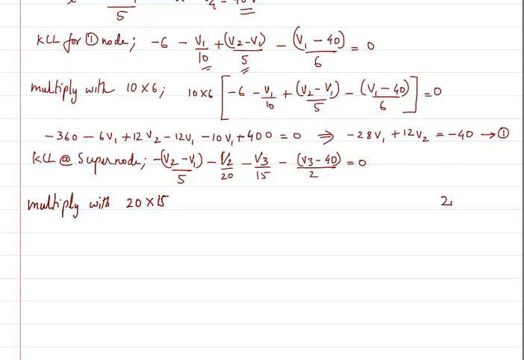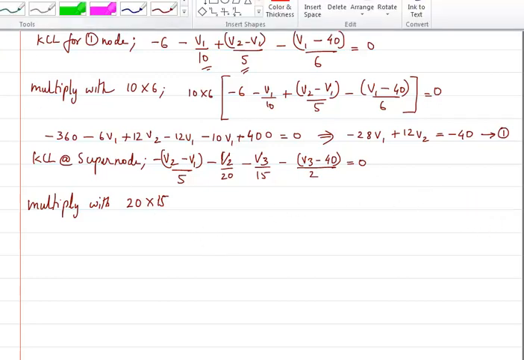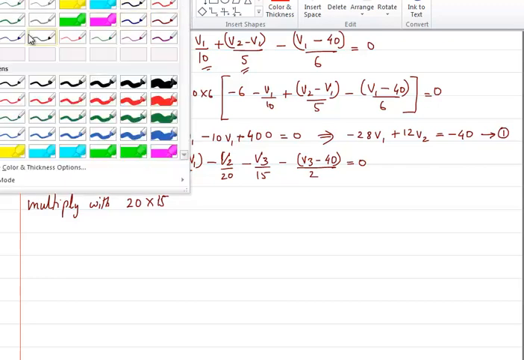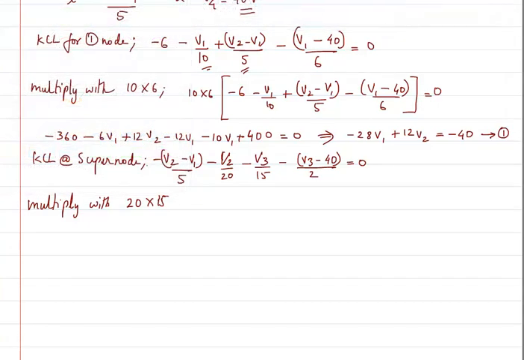I can just straight away multiply with 60 and all of this will get cancelled off. But I don't want to confuse you, but those who have got the idea, they can always try it. You just need to take the LCM of the denominators and multiply with the LCM, that's all.